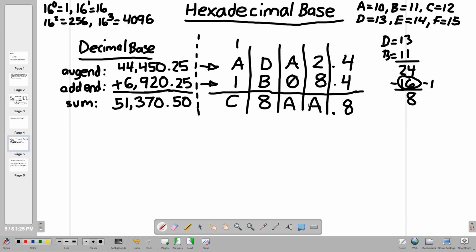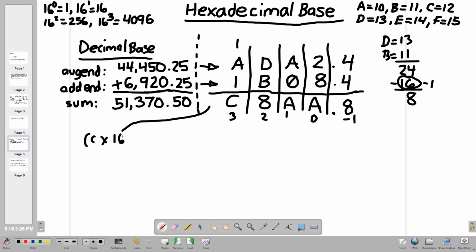And so this is the sum. So now let's see if this value comes out to be 51,370.50. Okay, so let's move this over here. So we have C times 16 to the third power, because we say this is the third position, second, first. This is the 0th position. This is the -1 position because it's to the right of the decimal point.